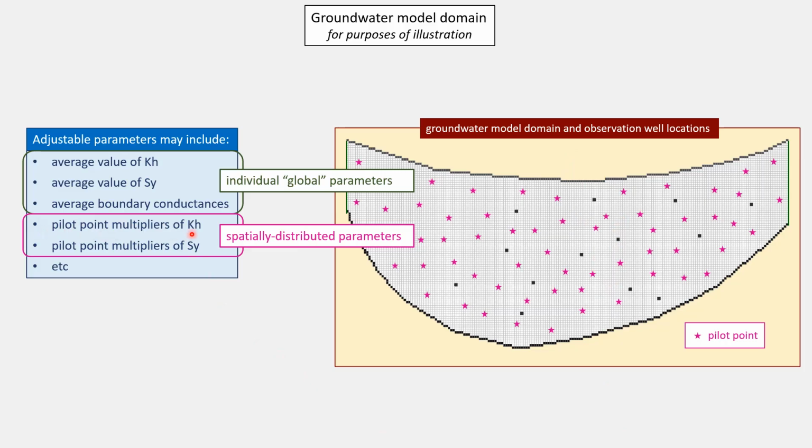So there'll be lots of these, many more perhaps than I'm illustrating in this simple figure. So spatially distributed parameters will be used to fill in the detail to allow heterogeneity to arise where the calibration data set says heterogeneity must arise.